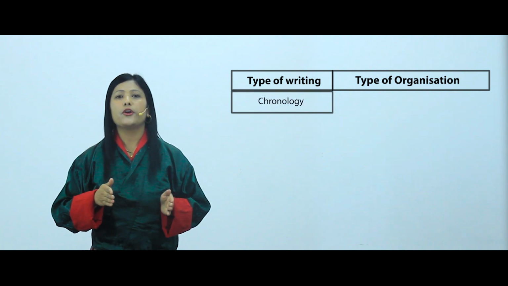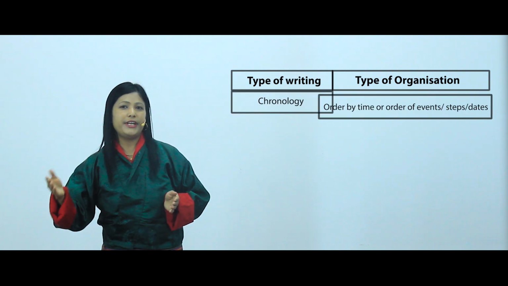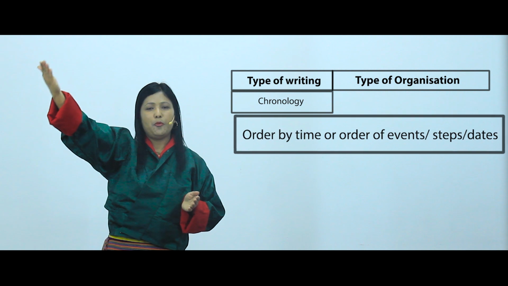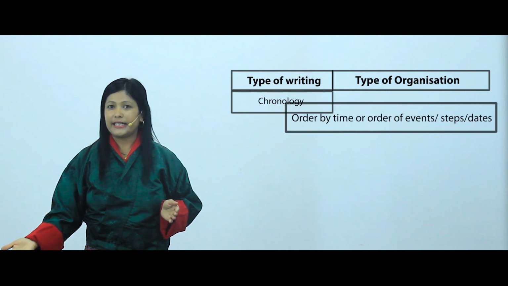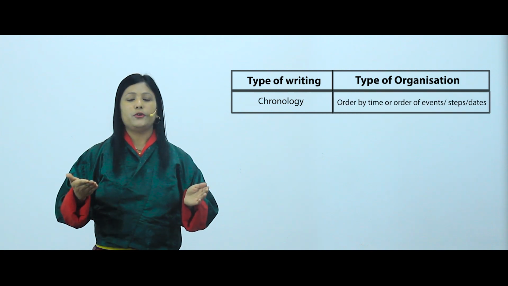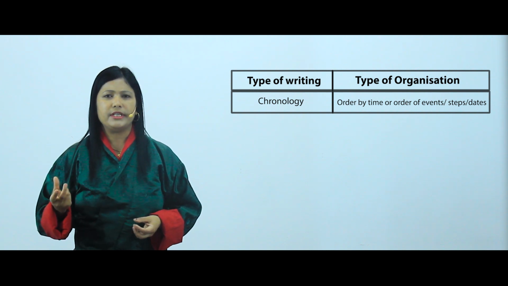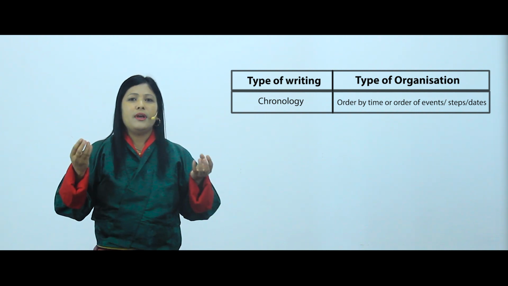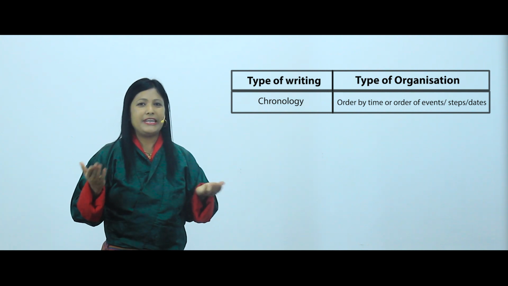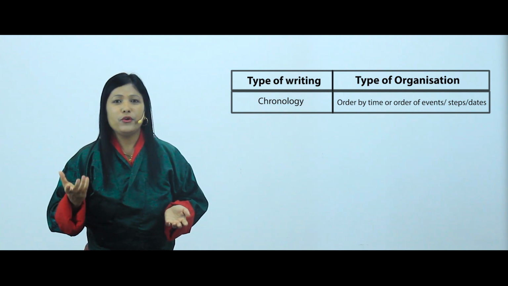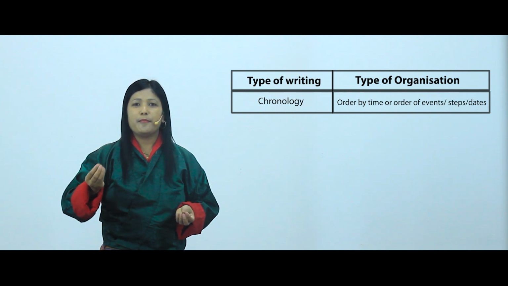The first one, chronology. Chronology refers to time. For the lower grades, it's time: early in the morning, afternoon, late in the evening, and late at night. It also refers to an event. I'm sure we all have had a lot of events in our school. Did you? Yes. So, if you want to talk about the events that you have in your school, talk about them in order.